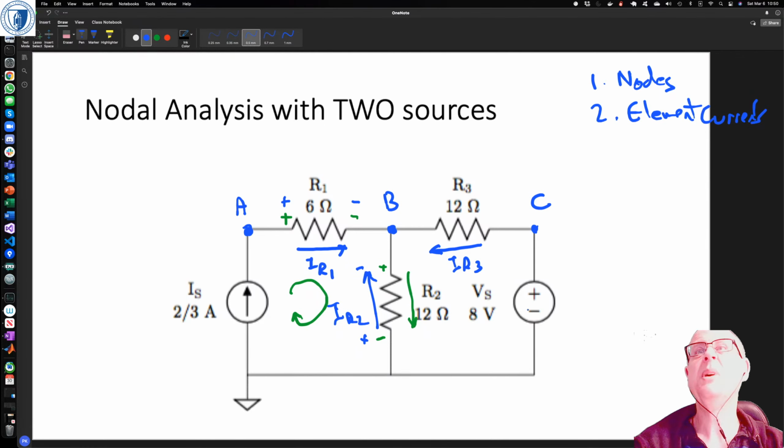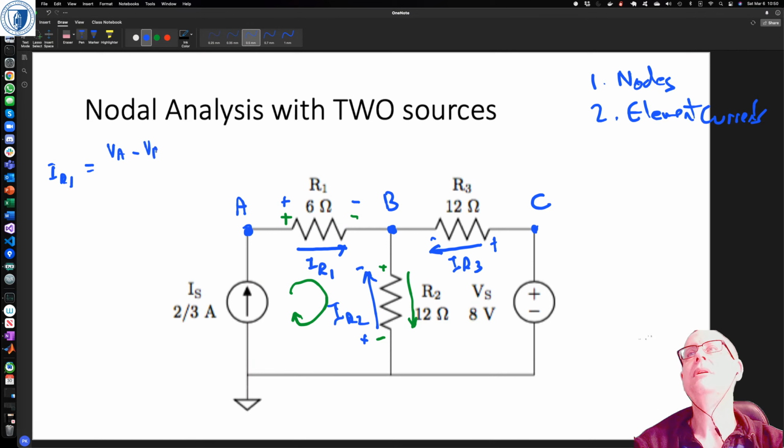Okay, so let me just finish off this, so that's got a plus and that's got a minus. So IR1 is flowing from A to B, so it's VA minus VB on 6, and IR2.